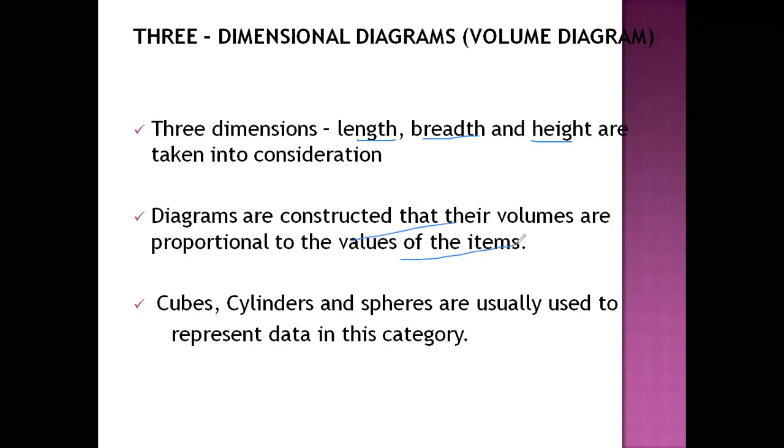We will see with an example. With various examples related to cartograms, pictograms or pictographs, and cubes. Cubes, cylinders and spheres are usually used to represent the data in this category, but we will learn about cubes and pictograms and cartograms or cartographs. Okay.